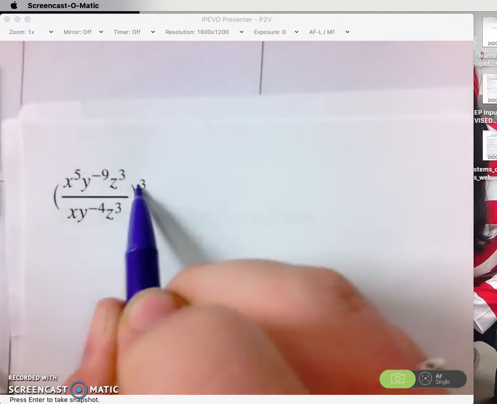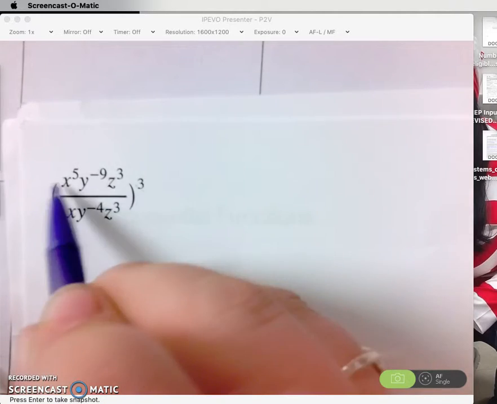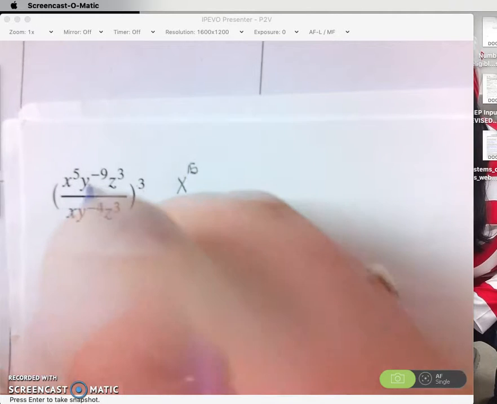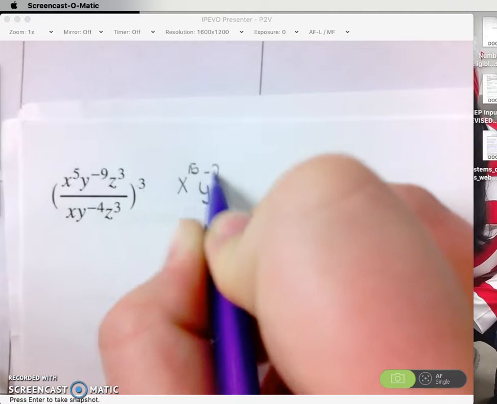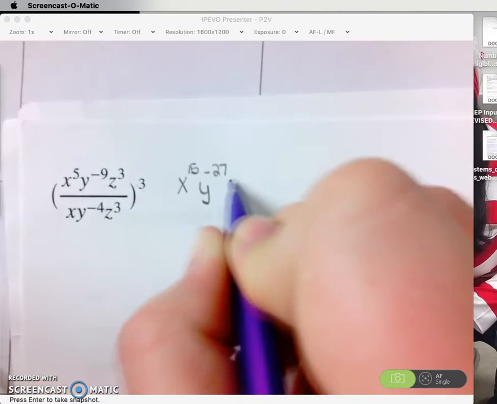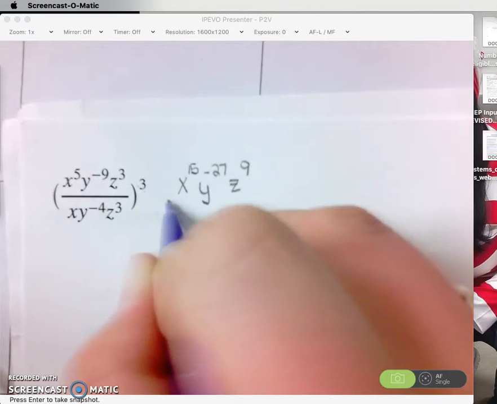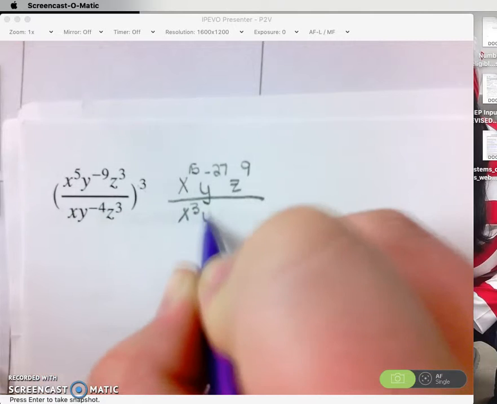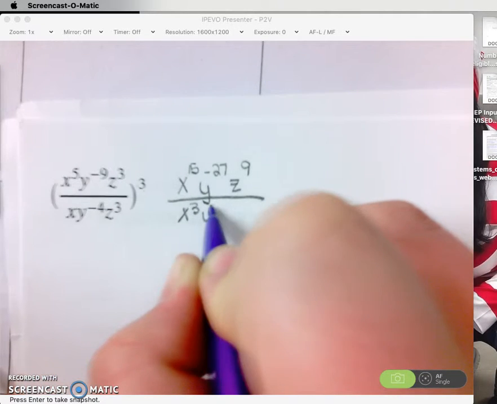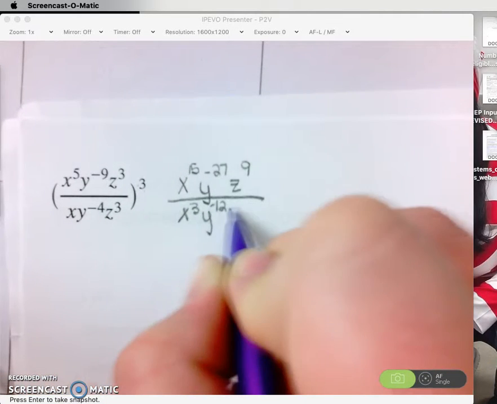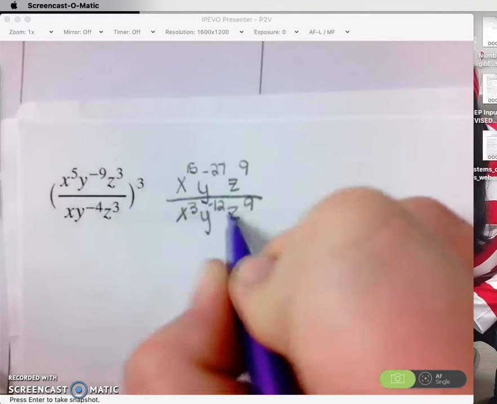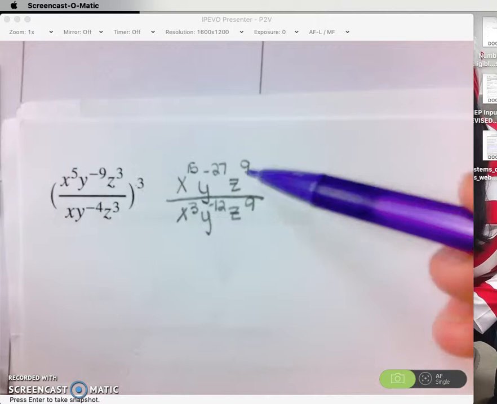So we have this whole thing being raised to the power of 3. So we have x to the 15th, y to the negative 27th, z to the 9th, over x to the 3rd, y to the negative 12th, z to the 9th. Okay, so I have a z to the 9th over z to the 9th.